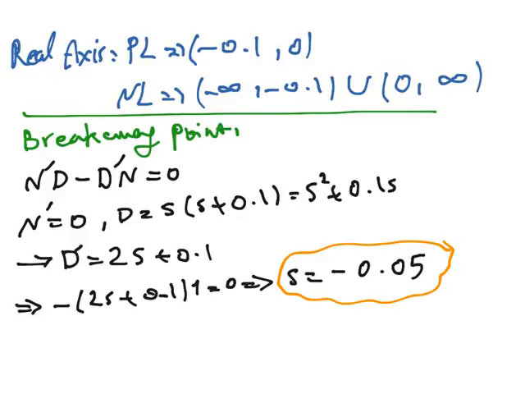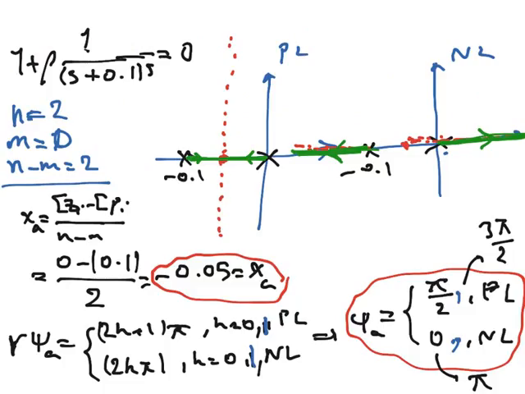So going back to the locus, if you look here, for s we have the same value, so this will be the position at which our branches will depart from the real axis and they will go towards infinity along with the asymptotes. Now we can draw the complete root locus for our system, for the positive locus as well. So at this point the branches will start to go towards infinity.